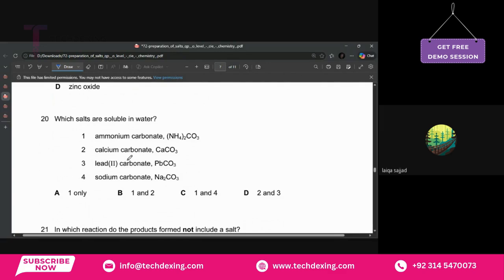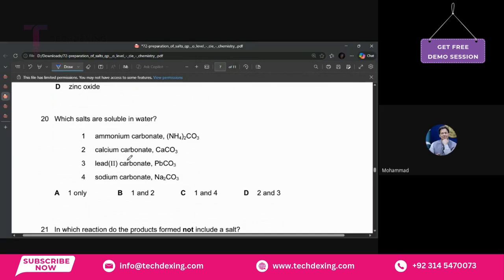Then we are given which salts are soluble in water: ammonium carbonate, calcium carbonate, lead carbonate, and sodium carbonate. Is ammonium carbonate soluble or insoluble?